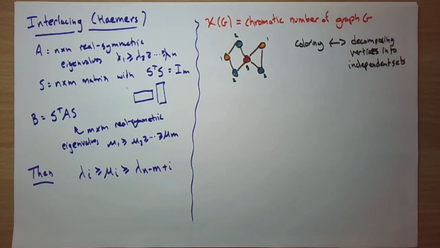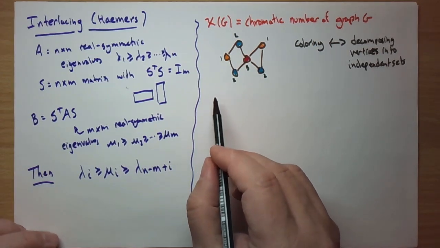Because we can't have any edges between things of the same color. Exactly. So graph coloring problems are really ultimately about decomposing vertices into independent sets. It's usually not phrased that way, but it's true.